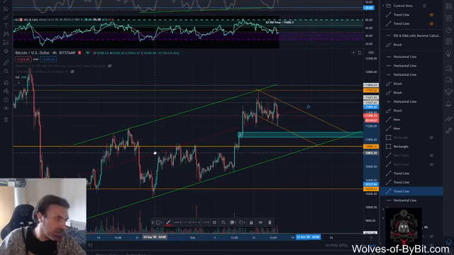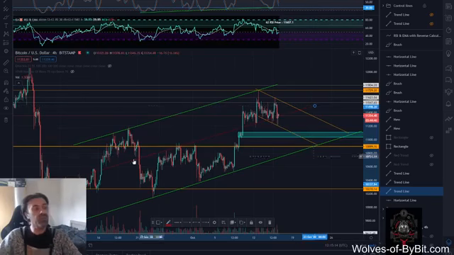Maybe let's take the closes of the candles as a better reference point. Yeah, you could do something like this. I could live with that. What do you think, guys? Could you live with it, or do you think I'm pushing too much? All right.